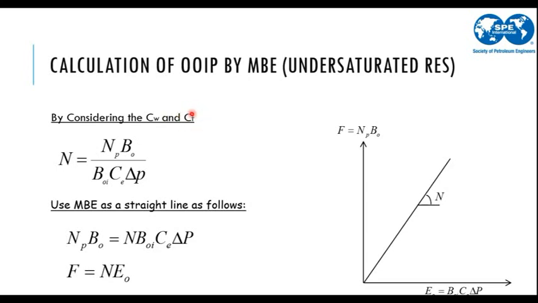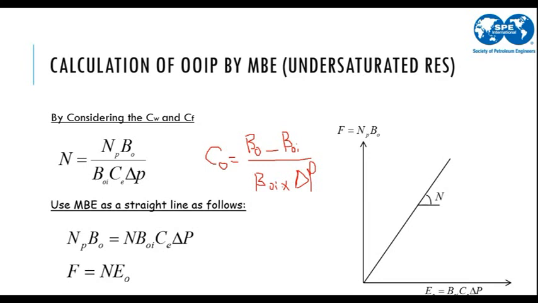Actually, there is another term called Co. Co is the oil compressibility, where it is equal to Beta o minus Beta oi over Beta oi, or the initial oil formation volume factor, multiplied by delta P. And you should pay attention to this information.